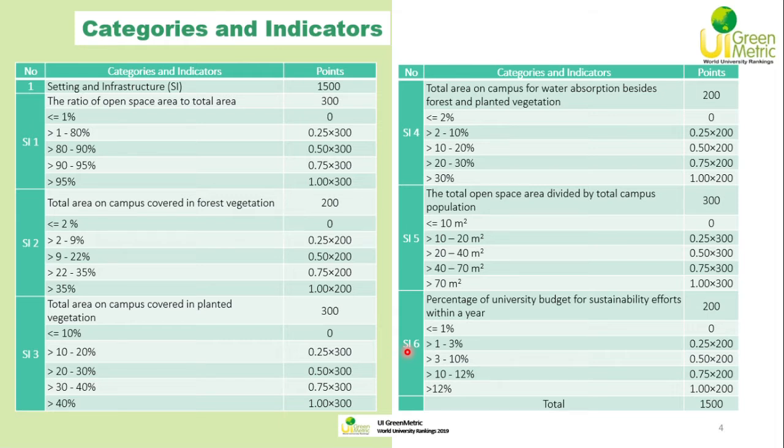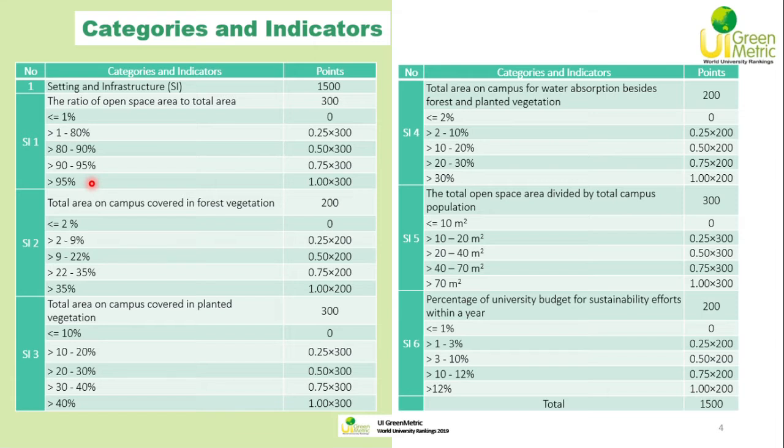As criterion number 1 shows, you need to leave 95% or more of your campus ground open. This is criterion 1 of setting and infrastructure. That, of course, is the requirement for the highest score in this criterion.